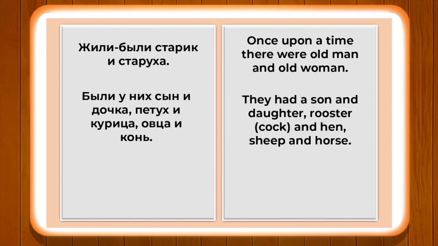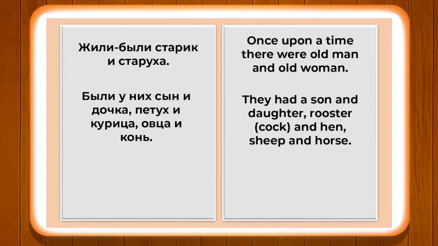Овца, as you know, is sheep, и конь means horse. So the meaning of the complete sentence is they had a son and daughter, rooster, that means cock, and hen, sheep and horse.